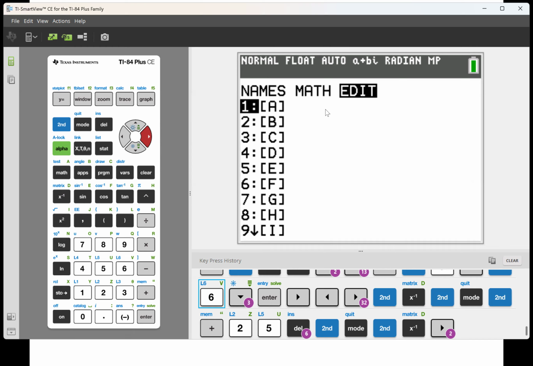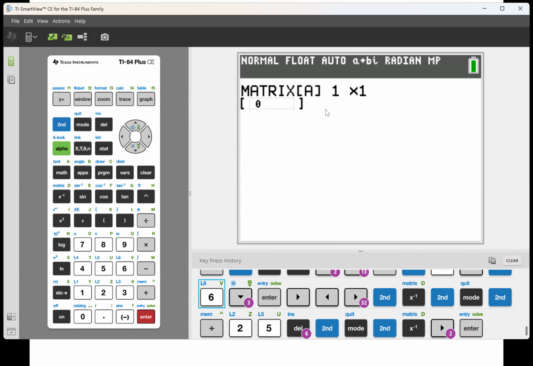Okay, so I'm going to put my observed values, the number of volunteers that I had in each of these categories, in matrix A. So I do need to tell my calculator how many rows and how many columns there are in this table.